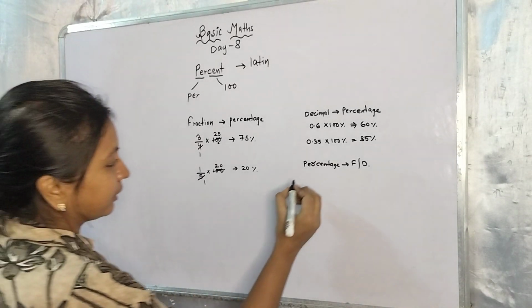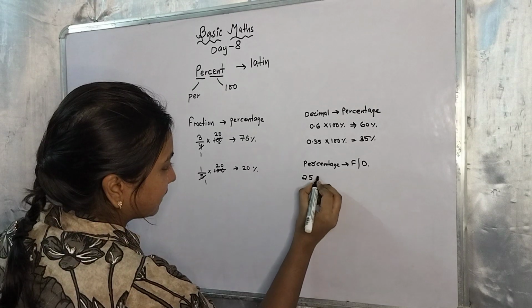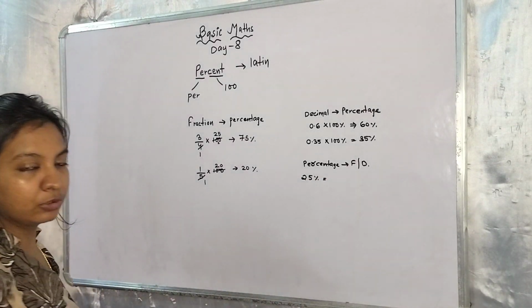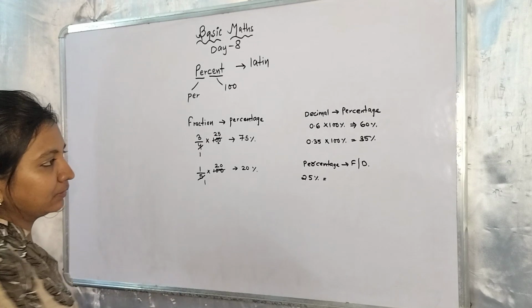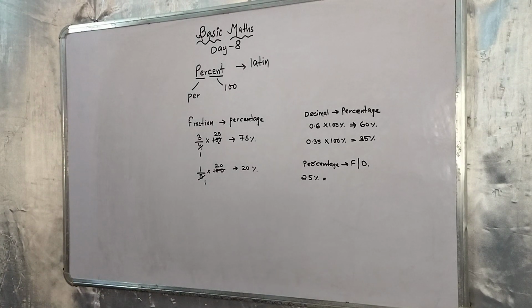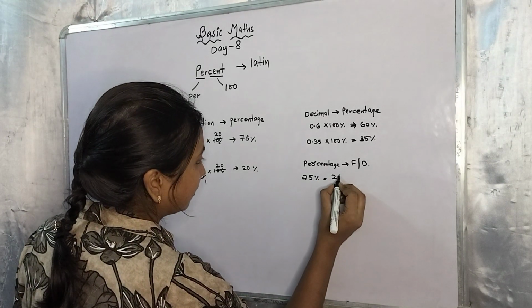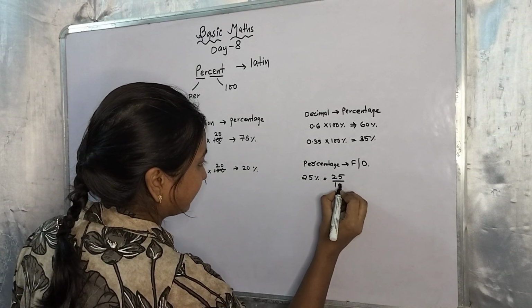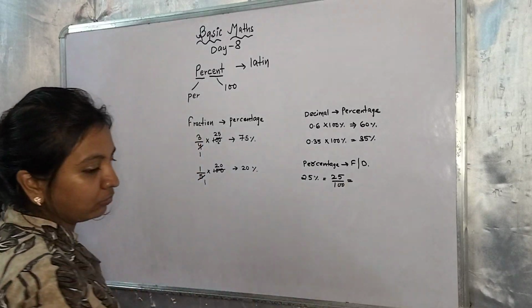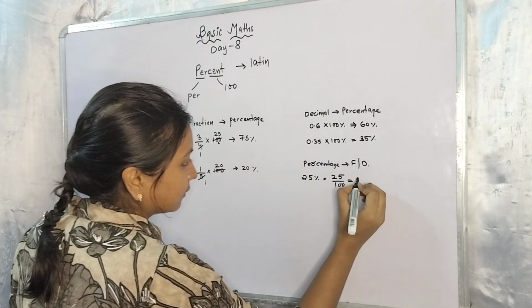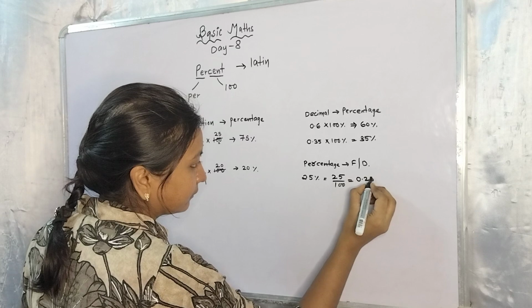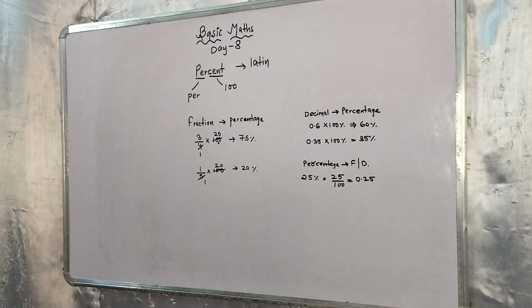Now if it is 25%, then what will you do? Here we were multiplying. Now when you reciprocate the condition, then things will also get reciprocated. So now you will divide by 100. Fine. You will get 0.25.